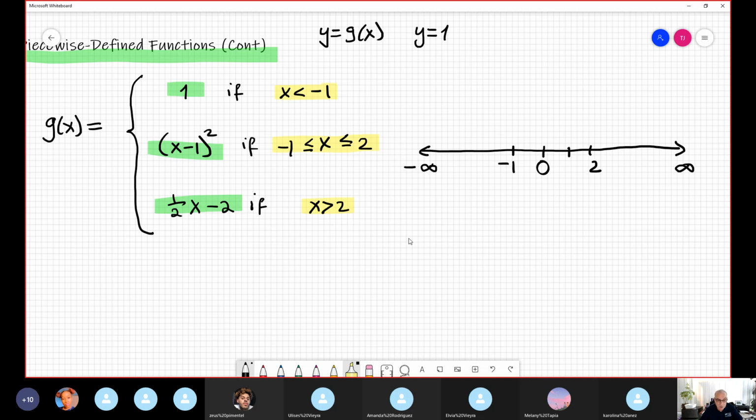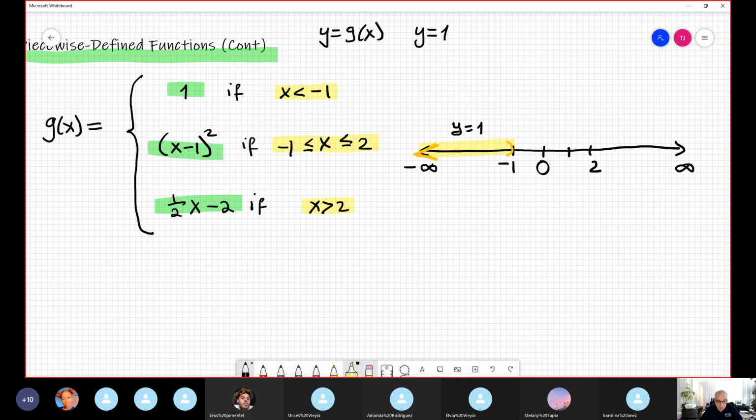Okay, this interval is that one. So any value you like inside this interval from negative infinity to -1, not including -1, the expression is just 1, y equals 1.